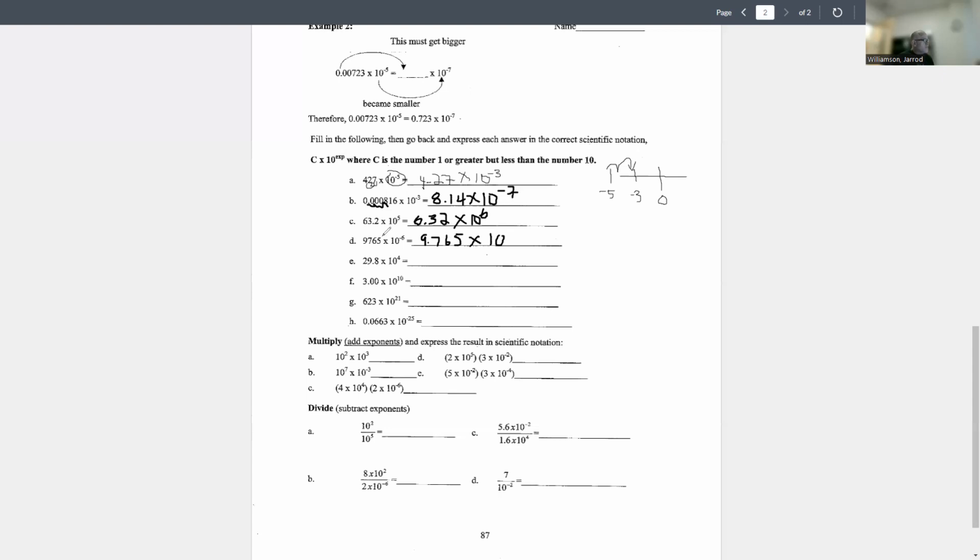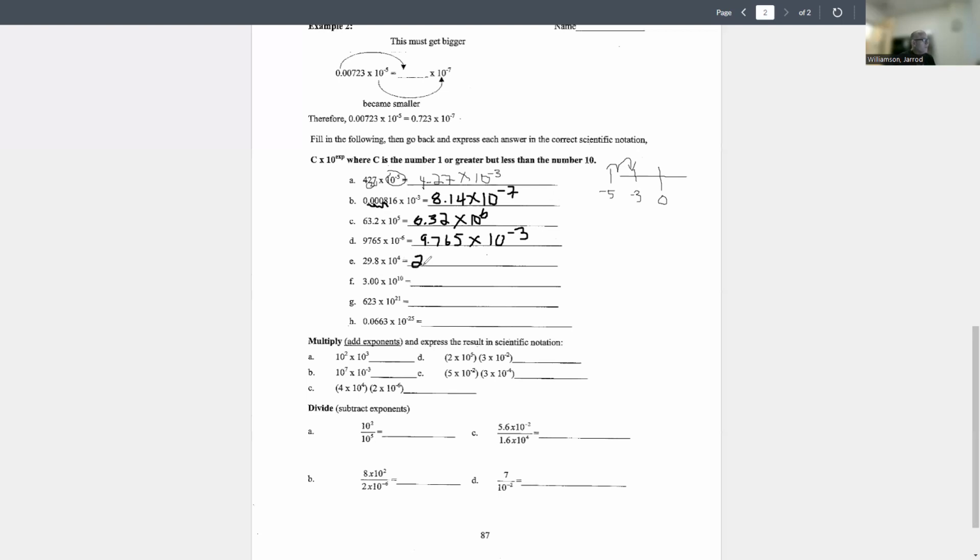If I made this 3 powers of 10 smaller, I need to make this 3 powers of 10 bigger. 3 powers of 10 bigger means more positive on the number line. So that'll be times 10 to the negative 3, right? Because negative 6 is way over here. And I got to go 1, 2, 3 powers of 10 bigger.